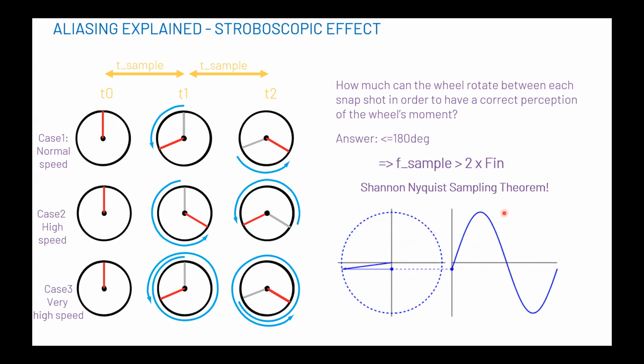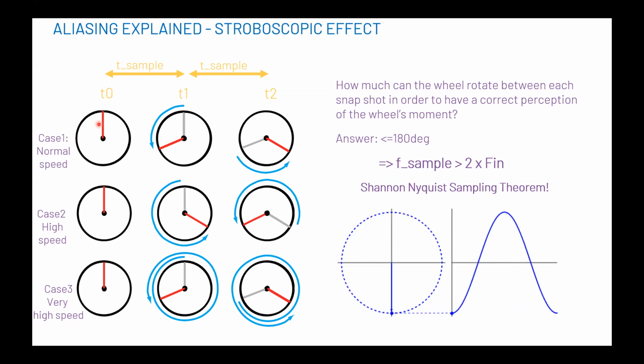let's take the spinning wheel in case one. T0, T1, and T2 are sample points. You could just imagine that you're observing a wheel. At T0, you open your eyes and note the wheel position. Then you close your eyes, and at T1 you notice again, and at T2 you observe the value again.